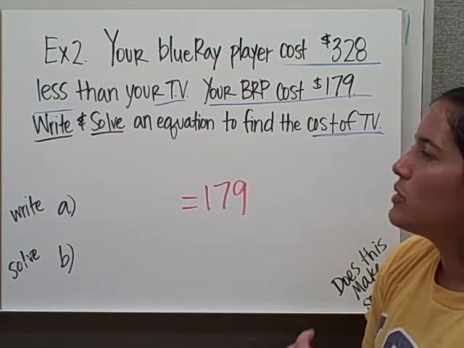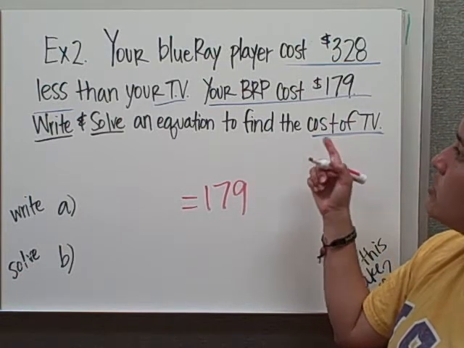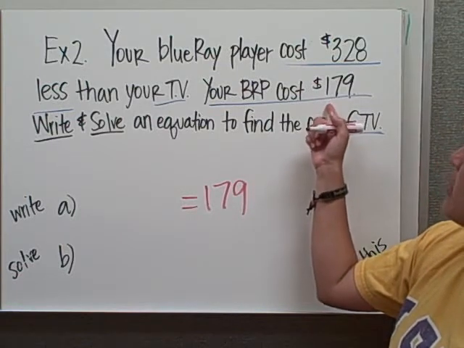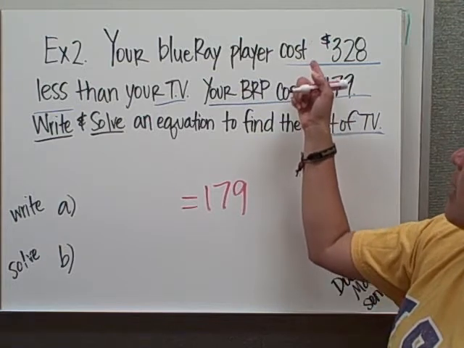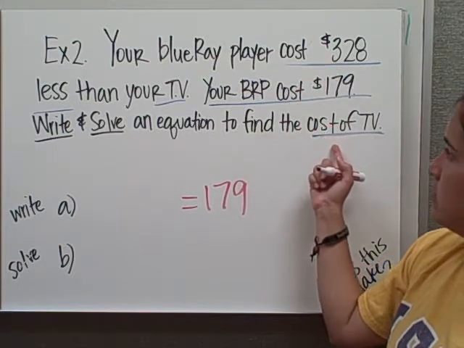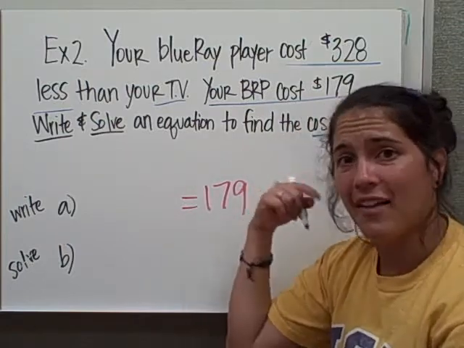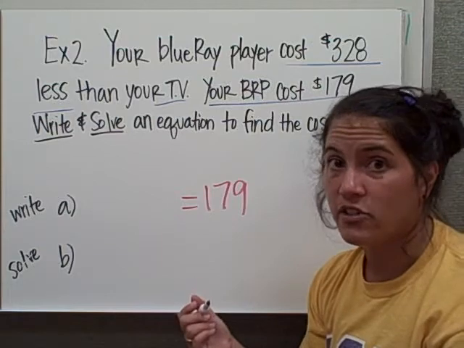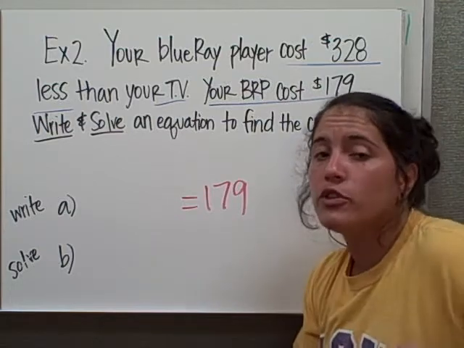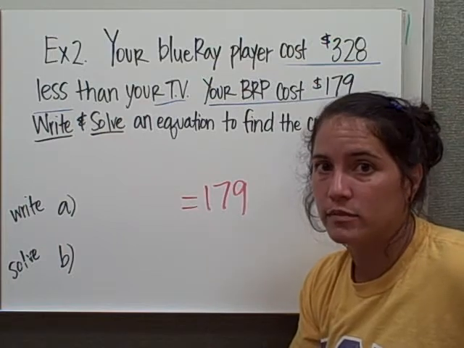Now let's talk about how you would solve this problem. To find the cost of the TV, what would you do if you know your Blu-ray player costs $179 and it's $328 less than your TV? What would you do to solve it? I think most of you are probably thinking you would add those two numbers to solve. And that's correct. So if you would use addition to solve it, then what operation has to be in your problem?